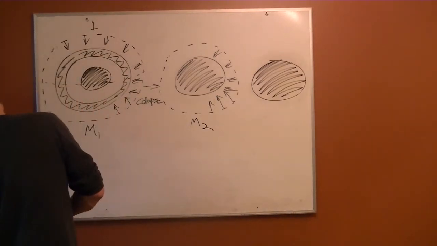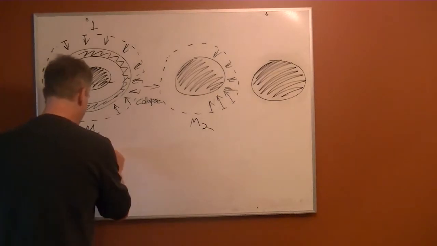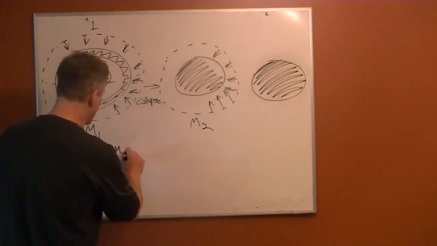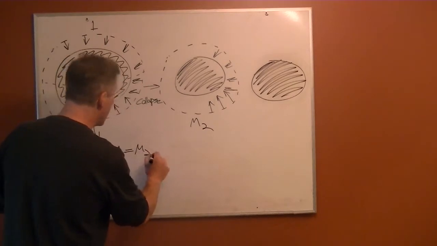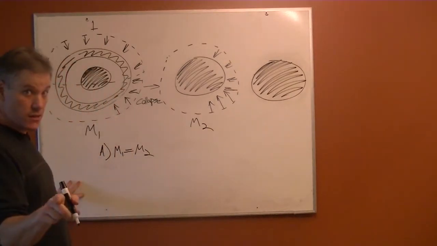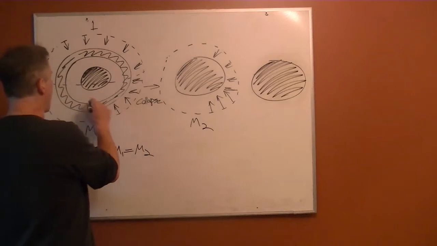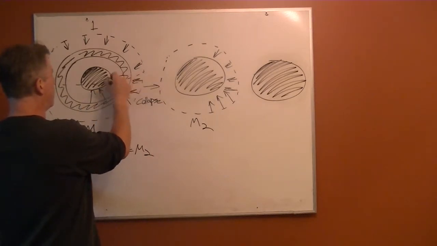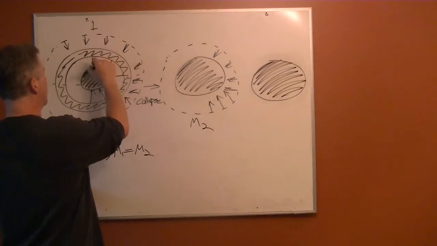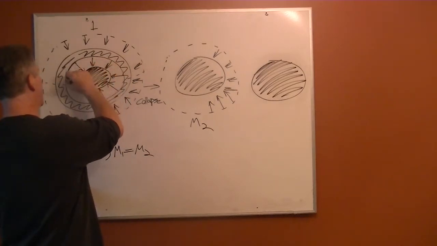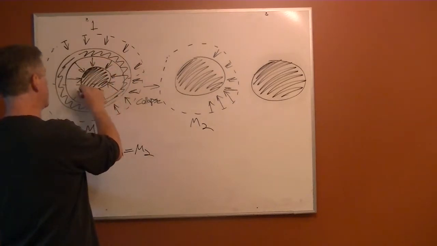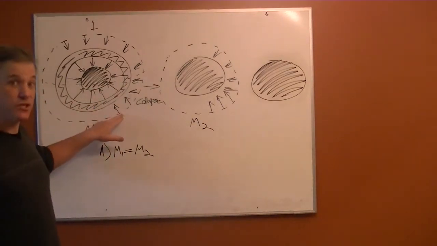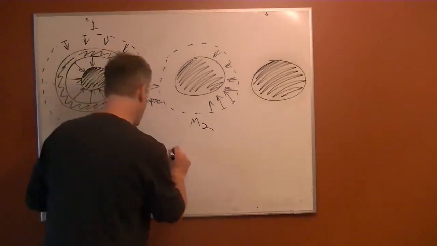Question becomes, how does m1 and m2 compare? Let me give you some options. A. m1 and m2 are equal because there was a gravitational field here that pulled the outer mass in, and it is that gravitational field that is contributing to the gravitational field out here.